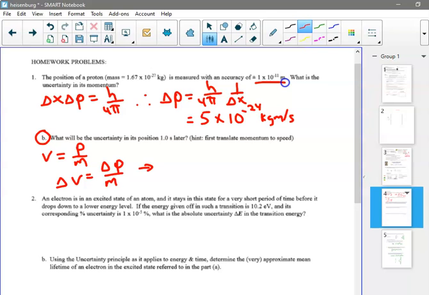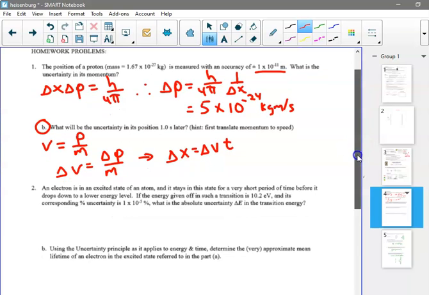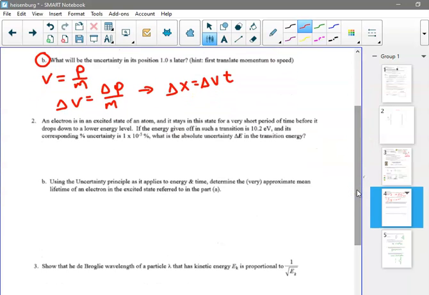And then it follows that the uncertainty in the position, x, is simply going to be delta v times t. So I will let you work out that string of equations, but you will find that it is a surprisingly large value.